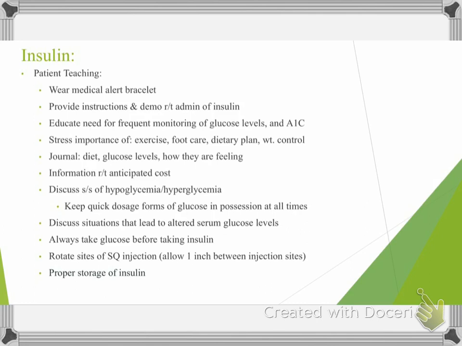We discuss situations that lead to altered serum glucose levels, just so that they're aware and that they can monitor themselves more closely. Examples would be physical or emotional stress, anorexia, so they're just not eating, if they increase their exercise for whatever reason, and alcohol use is definitely going to affect their glucose levels.